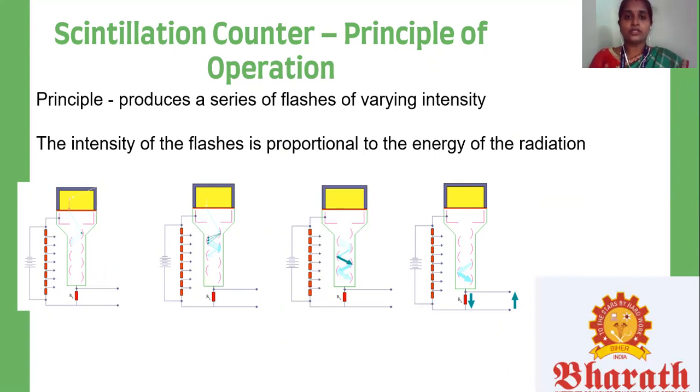The light created in the scintillator strikes the photocathode of a photomultiplier tube, releasing photoelectrons, one per photon. Using a voltage potential, the group of primary electrons is electrostatically accelerated and focused so that they strike the first dynode with enough energy to release additional electrons.